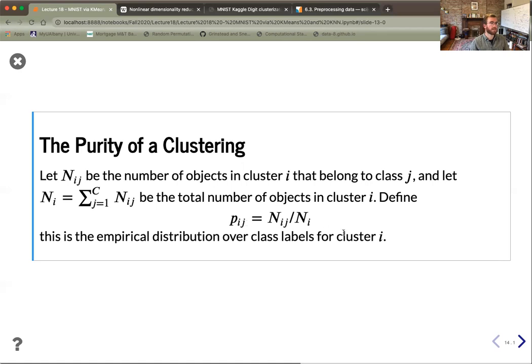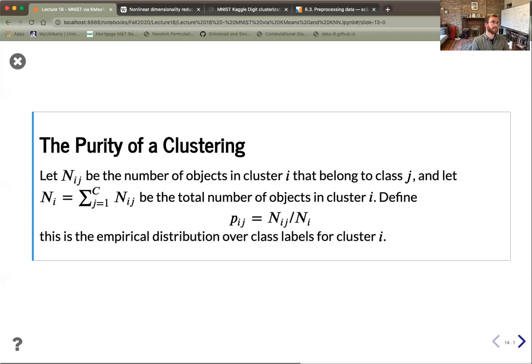So this number Pij, which is Nij divided by Ni, is really just a frequency distribution. It essentially says what percentage of my objects in cluster i belong to each of these different classes. So in an ideal world, we would have a clustering which perfectly replicates our classification.